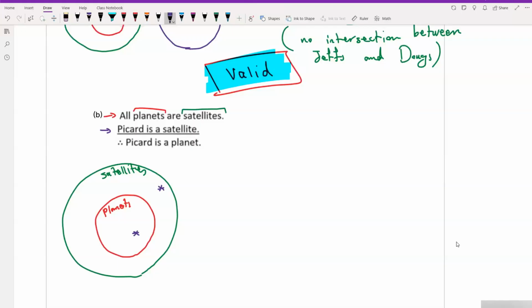It doesn't say that it's not inside planet on the second part. It's just saying Picard is a satellite. So I can have either this part or this part. Conclusion, Picard is a planet.